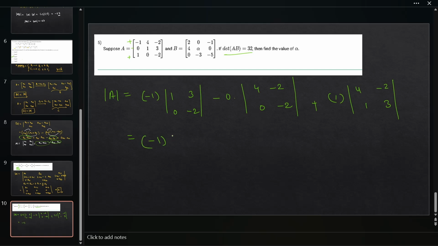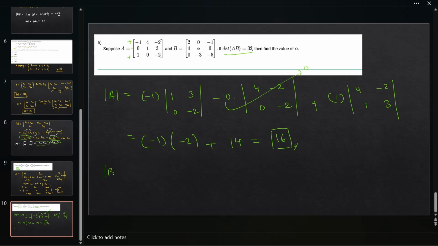We have -1 times, if we evaluate this determinant, it's going to be -2 - 0, so I'm just writing -2 over here. This is going to be 0 and plus 1 into 4 times 3 is 12 minus of -2, that is going to be +2. So you have 12 plus 2, that is 14. So you get 14 into 2, 14 plus 2, that is going to be 16. So determinant of A is 16.